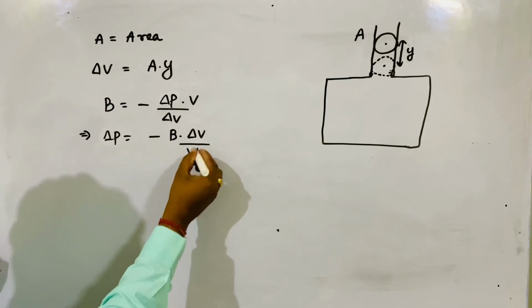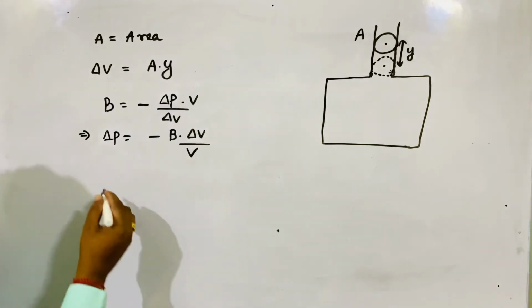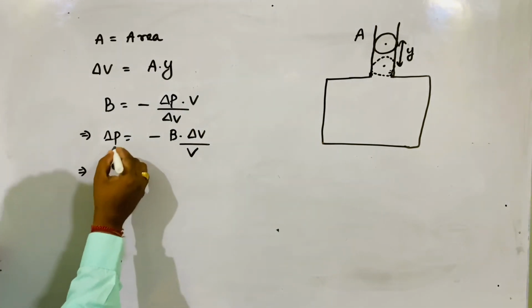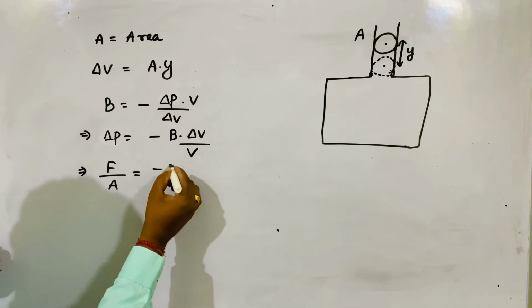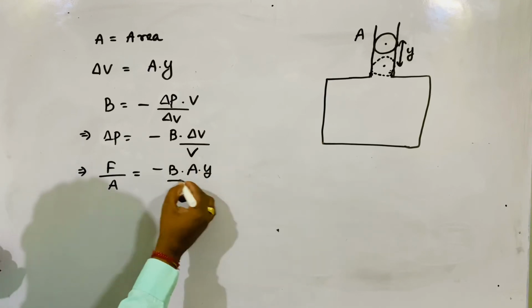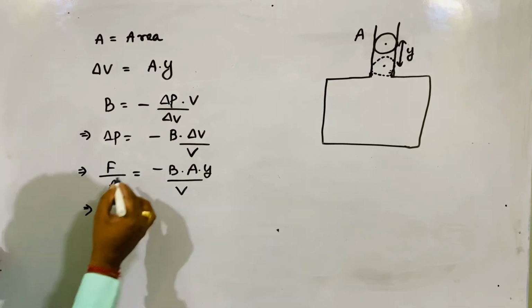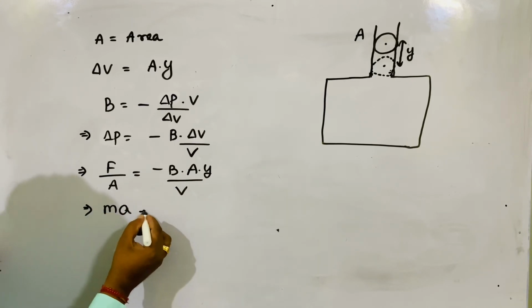Here V is the whole volume of the air. In place of delta P, this is force by area. So this is B, but delta V is how much? A into y, by V. So in place of force you write MA.